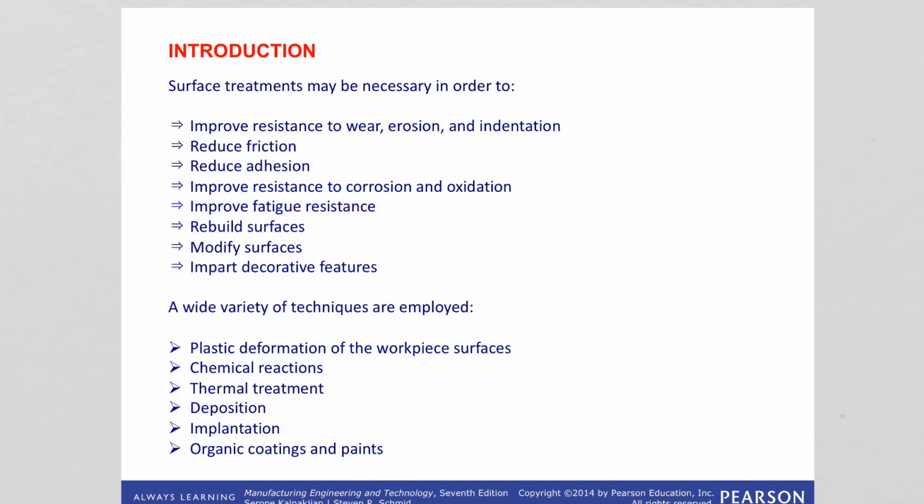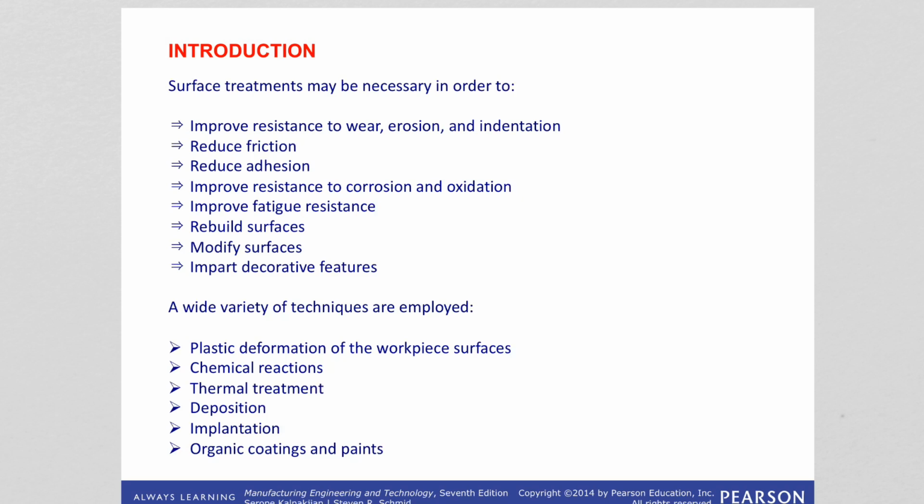If necessary, we can reduce adhesion. Adhesion is just the tendency of surfaces to cling to each other. So, for example, we can reduce adhesion for electrical contacts and improve resistance to corrosion and oxidation. These are very important, especially for medical devices, food packaging, or gas turbine components.